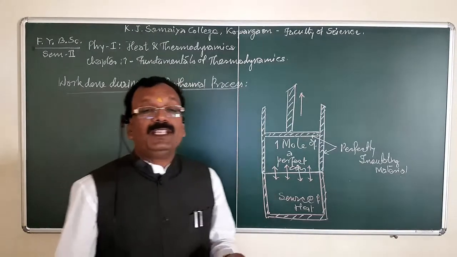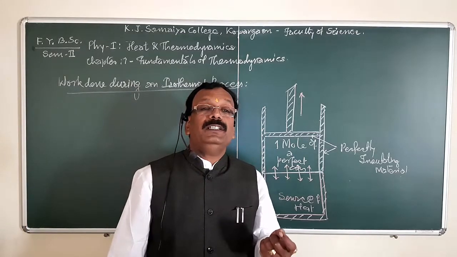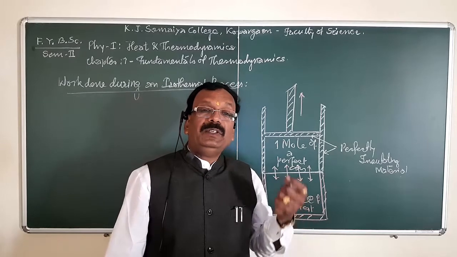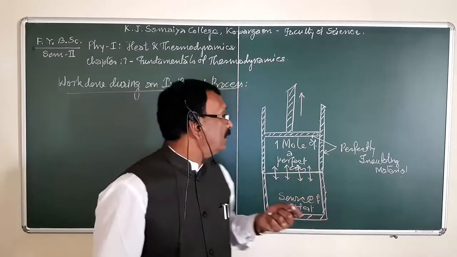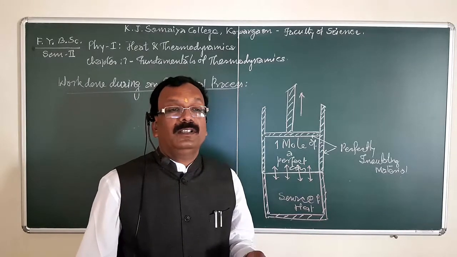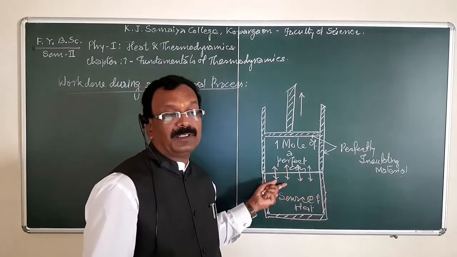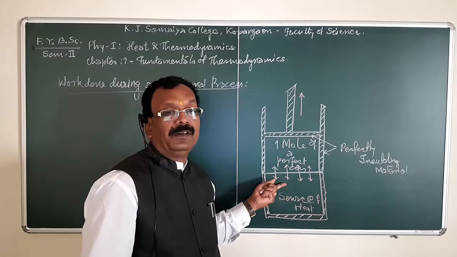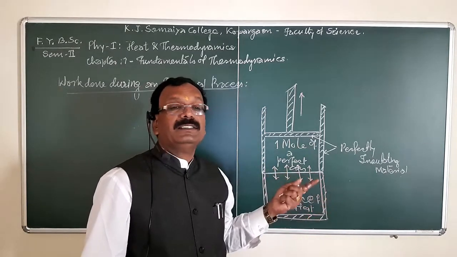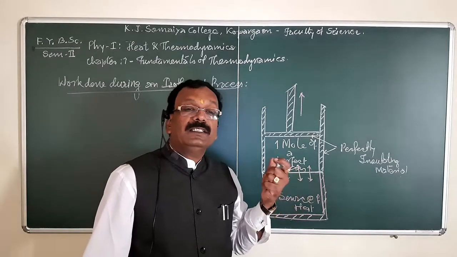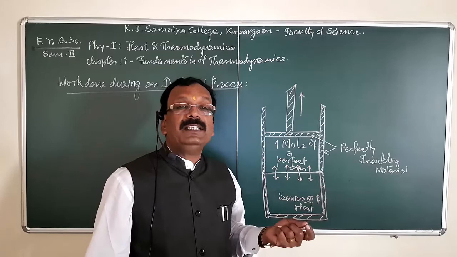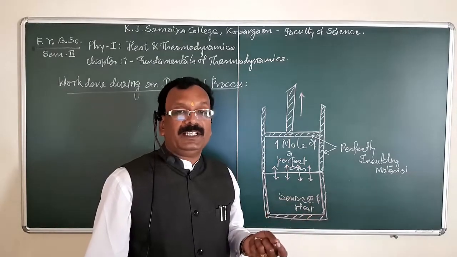When expansion of the gas takes place, obviously some work is done, and due to that work done, the temperature of the gas falls. Therefore heat is absorbed from the source at constant temperature, and thus the temperature of the gas remains constant. This is known as isothermal expansion.